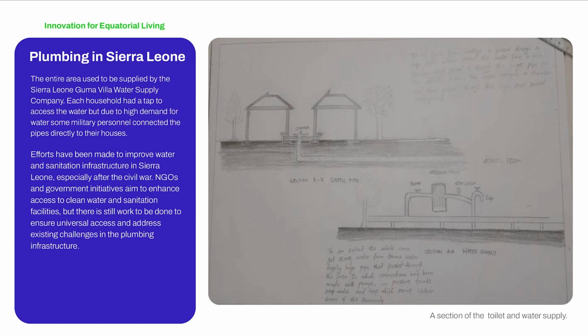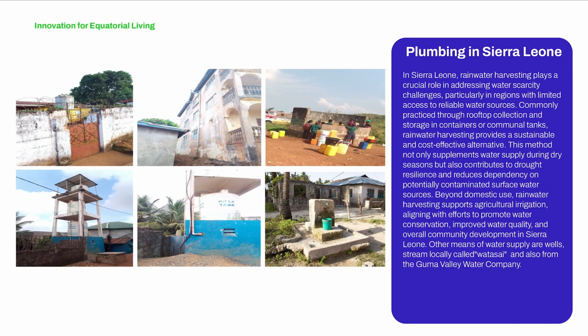As you can see from the photos, there are different layouts in which the water is collected and stored in the tank. We also have local places where we fetch water, like the waterside. So these are some of the ways in which we deal with the toilet and water harvesting systems in Sierra Leone. Yeah.